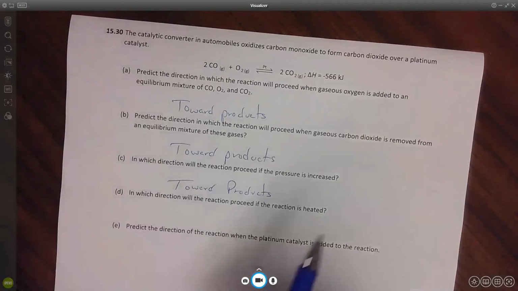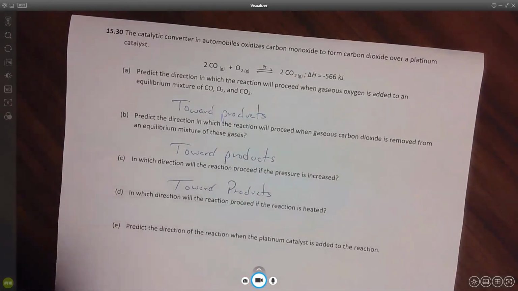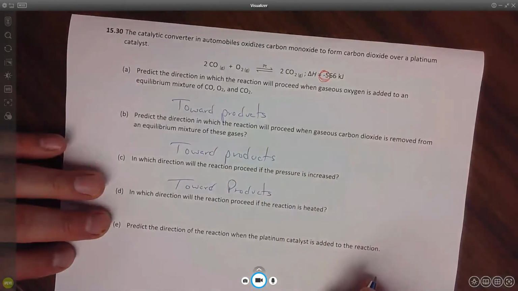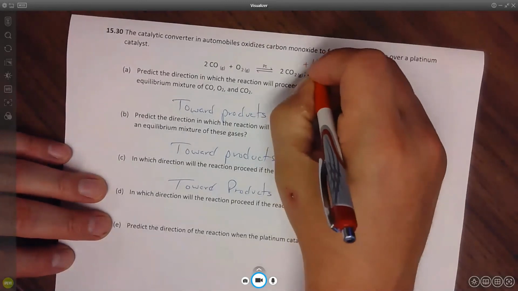Okay, so if we think of heat as a physical entity, it is not, but if we do, in this exothermic reaction, would heat be a reactant or a product? Heat would be a product. Yeah, right. We're losing energy. So heat's going to be a product.